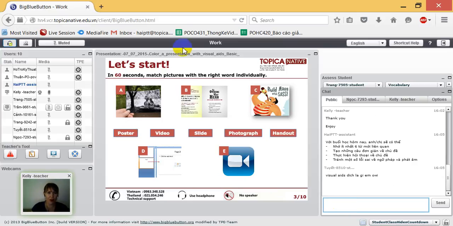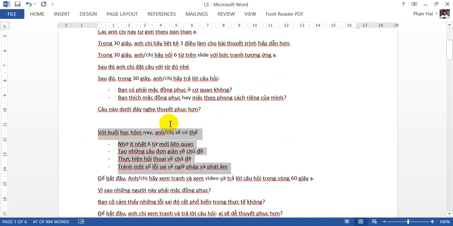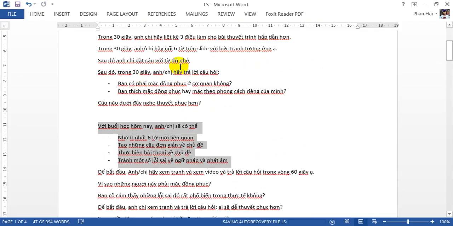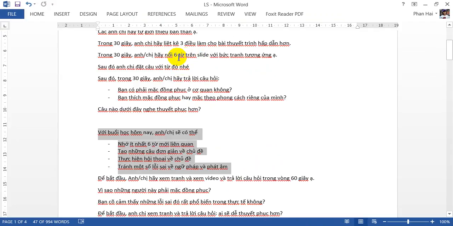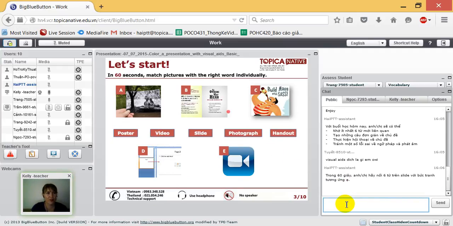So, what we're going to do first is you are going to match a picture with its appropriate word. So we have poster, video, slide, photograph, and handout. So, Trang, what does picture A match with?